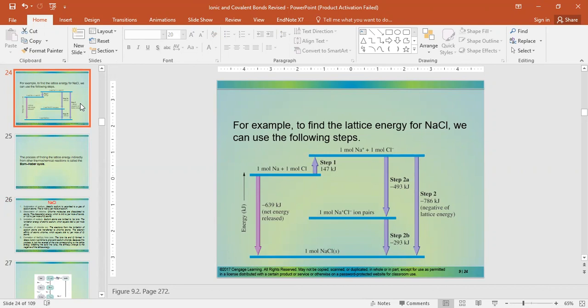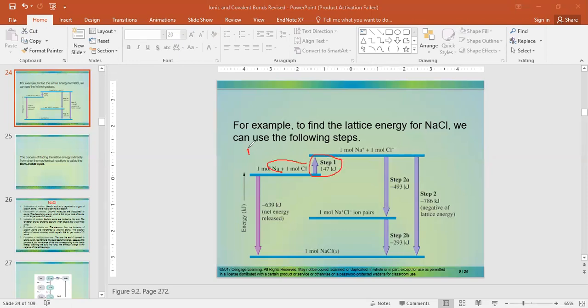Yes. Now, let me explain what you have just asked. This step here is actually a combined process. Why is it a combined process?